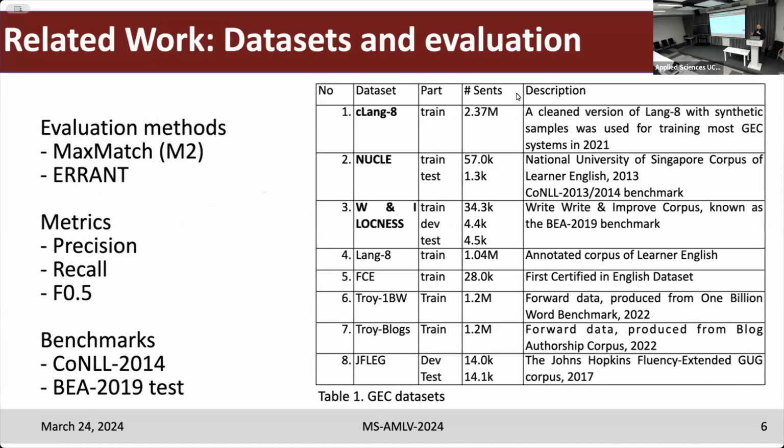To evaluate our model and our approach, we use two maybe the most common methods. The first one is the max match approach, which is based on calculating the precision of the prediction made by the model.